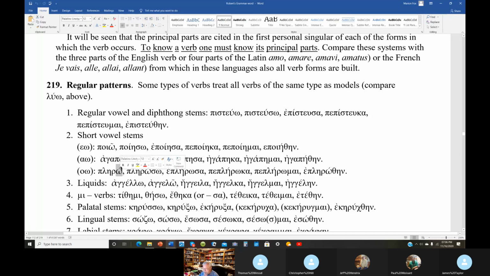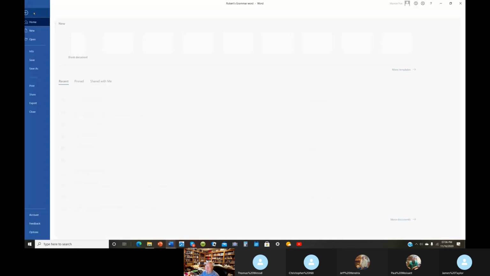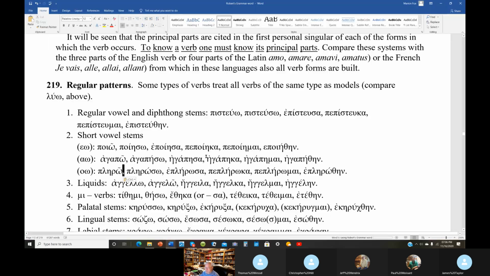Yes, that should have a circumflex. That wasn't right. I looked at that. I saw that. I missed it. Well, it'll be fixed now. Okay, it's fixed. That should be a circumflex.